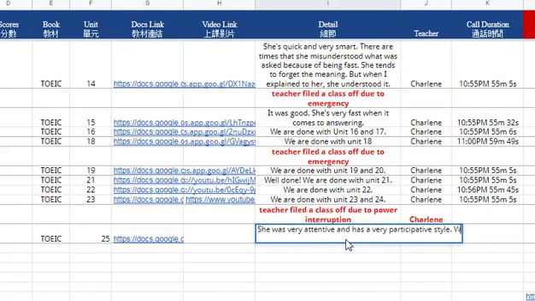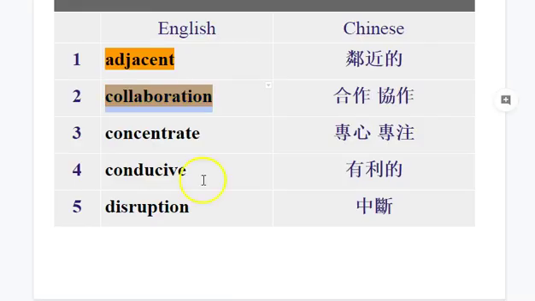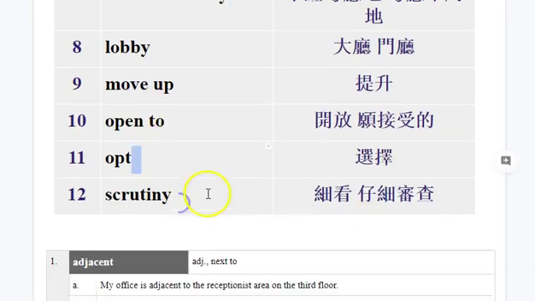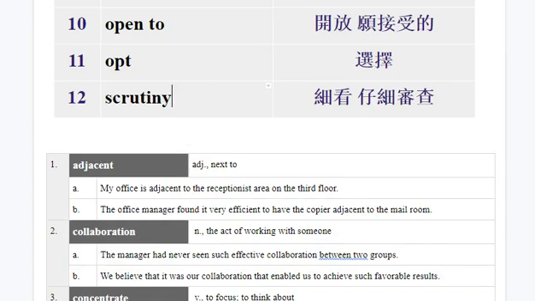Concentrate. Contrastive. Disruption. Hamper. Inconsiderately. Lobby. Move up. Open to. Opt. Scrutiny. Okay.